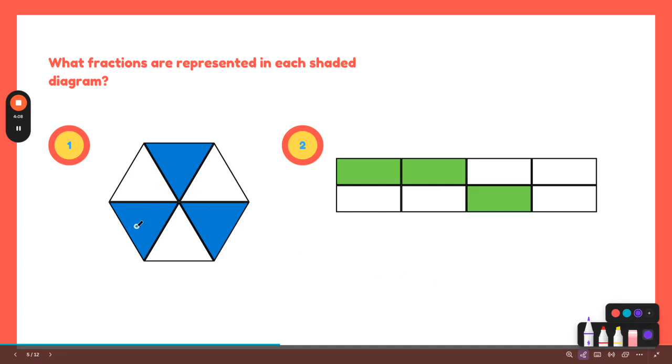If we remember from the last slide, our numerator was the number which represented how many parts of the whole are shaded. So if we look at this first diagram, there are 1, 2, 3. So our numerator is 3.